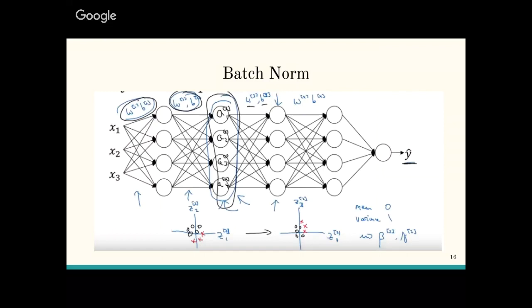Maybe it will appear at some unwanted positions, and the idea is that we need to somehow control the scale and the position of the input in a holistic way, so that the distribution will be closer to the origin point. And because we are controlling variance, the scale of the data won't be very large. So this is the basic idea of batch norm.